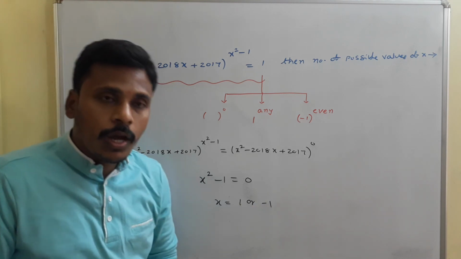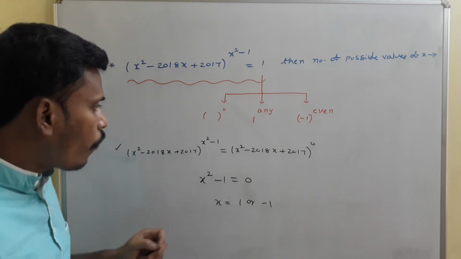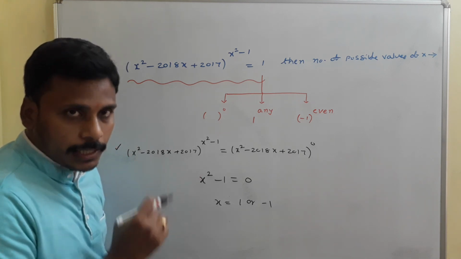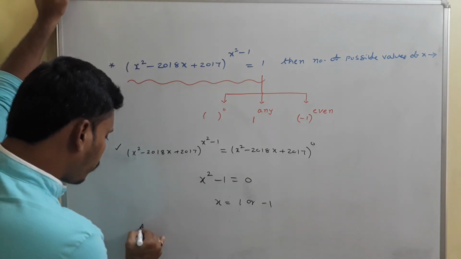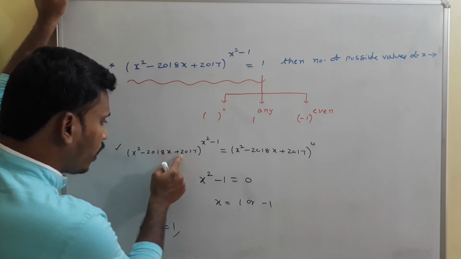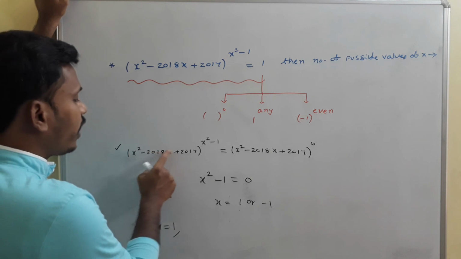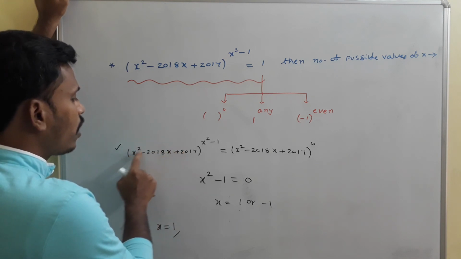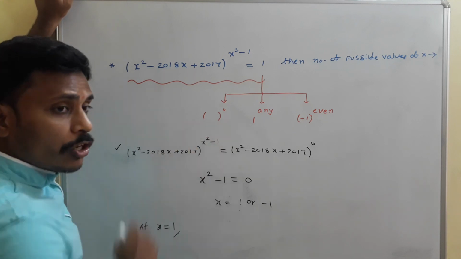Value of x is what? 1 or minus 1. Here we need to check. The value of x is 1 or minus 1, but if you replace x with 1 here, this base will become 1 minus 2018 plus 2017, that is 0, and the power is again 0. 0 power 0 is what?